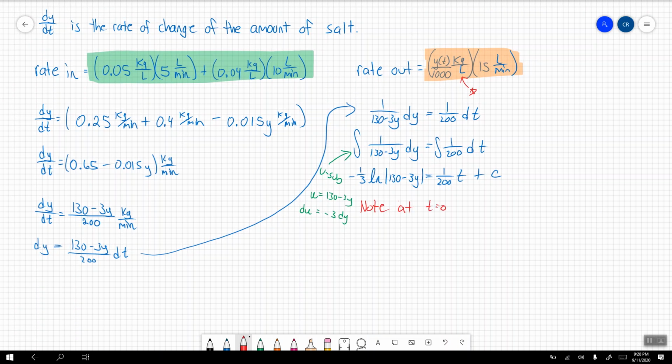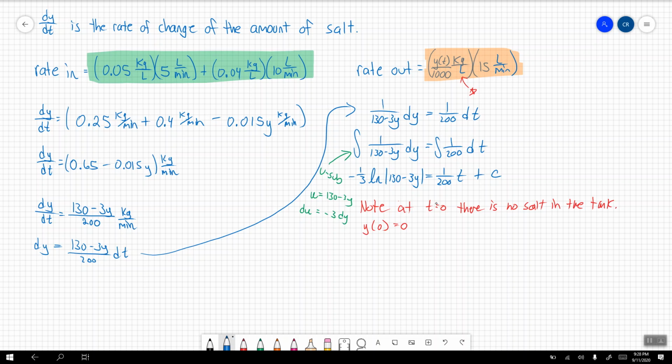So I'm going to say note, at t equal to 0, there is no salt in the tank. Therefore, y at 0 is going to be 0.